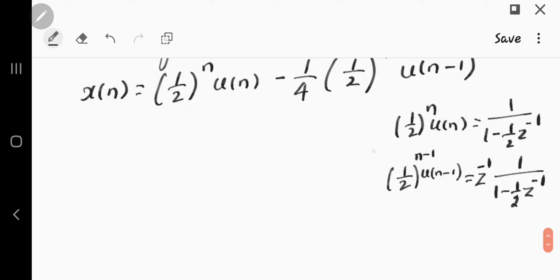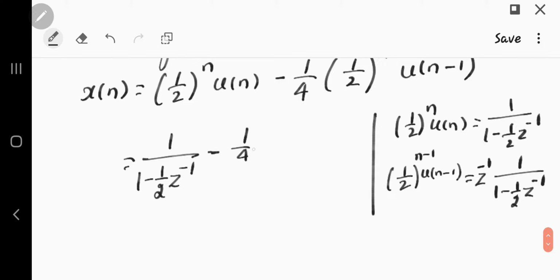Okay. So based on this, this is in the form of alpha to the power of n. So it will be 1 divided by 1 minus 1 by 2 z inverse minus 1 by 4 into z inverse, 1 divided by 1 minus 1 by 2 z inverse.